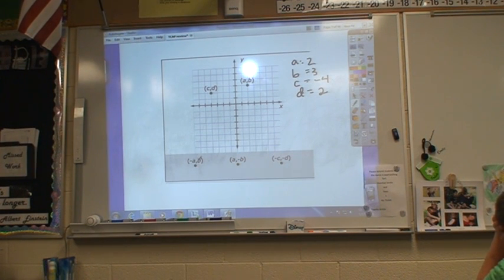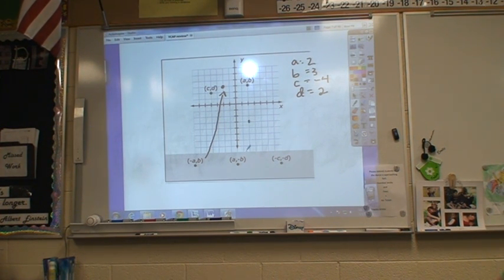So now if it wants (-A, B), well, -A is going to be a -2. 1, 2, and then B is up 3. 1, 2, 3. So this is the first point right here, (-A, B). A is at 2, so 1, 2, and then a -B is going to be going down 3. 1, 2, 3.